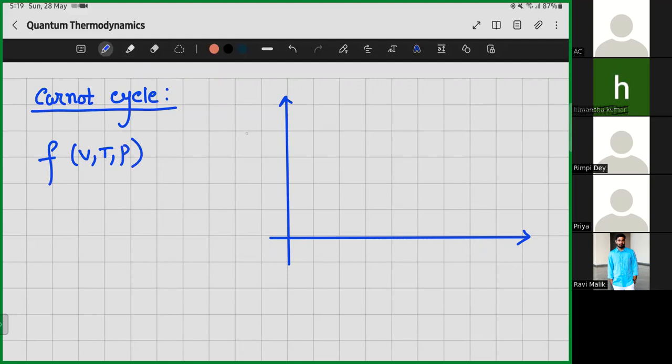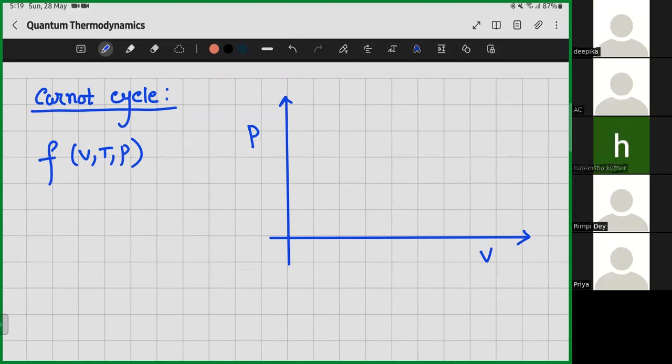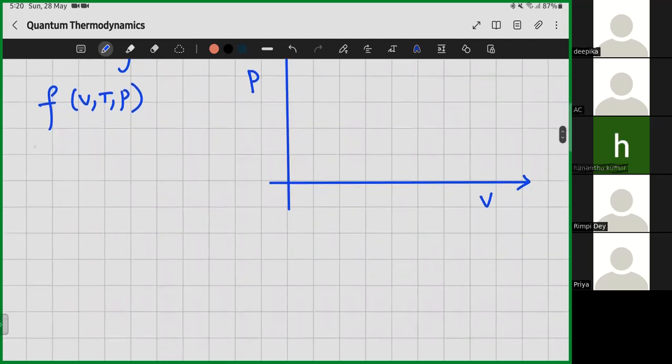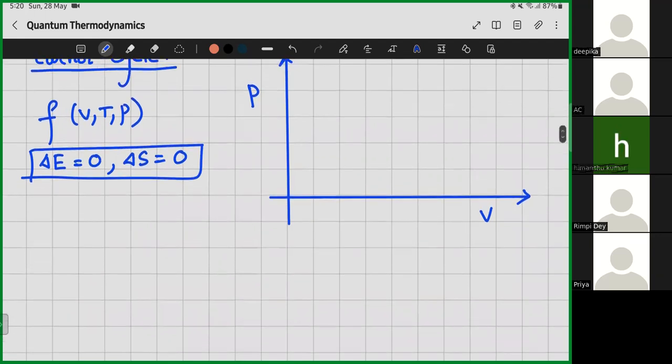Here we are choosing pressure and volume. For any cycle, because these are all state functions, over a cycle the internal energy change should be 0 and the entropy change should be 0, because these two are also state functions. So let me start with A.